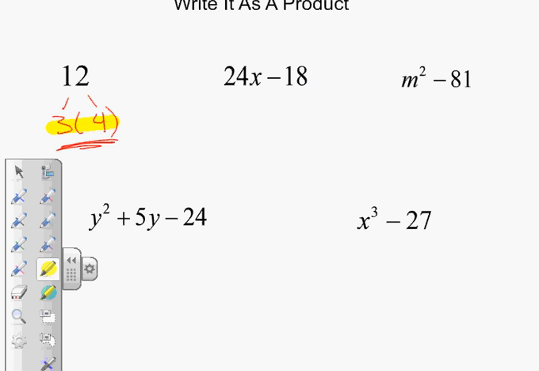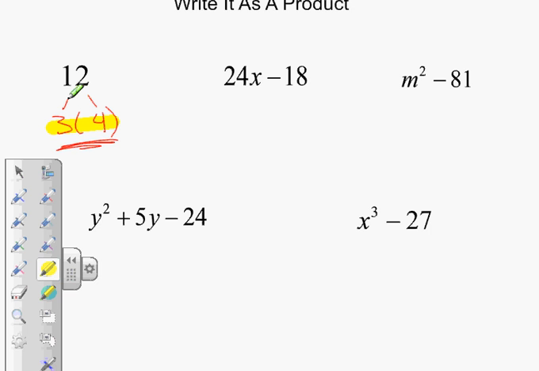Also, I could have done 1/2 times 24. That's a product as well, which brings up the point that when we tend to factor in the most basic rudimentary form, we tend to look for whole number and integer opportunities when we're factoring.